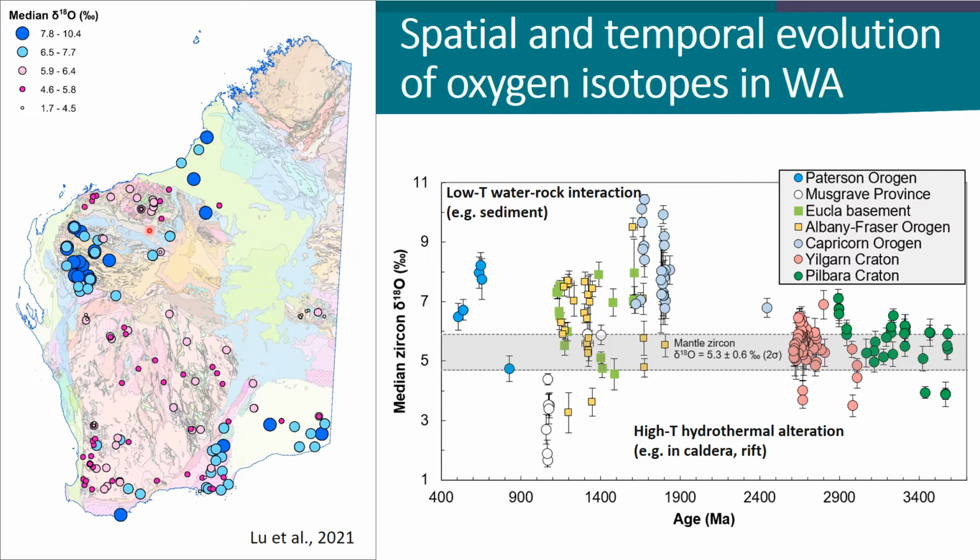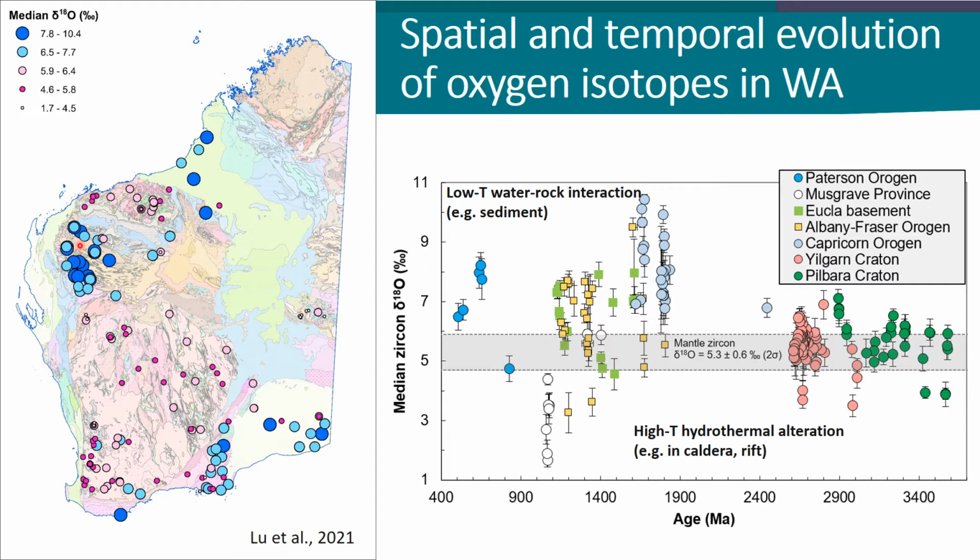The Archean Pilbara and Yilgarn cratons are dominated by mantle-like delta-18 oxygen values, that is 4.6 to 5.8 per mil, consistent with reworking of igneous material that had not been exposed at the surface. Some igneous rocks in the Pilbara and Yilgarn cratons exhibit weakly elevated zircon oxygen values from 5.9 to 6.4 per mil, which, together with whole rock trace element enrichment, we attribute to hydrous sanukitoids or to derivation from a sanukitoid-enriched source.